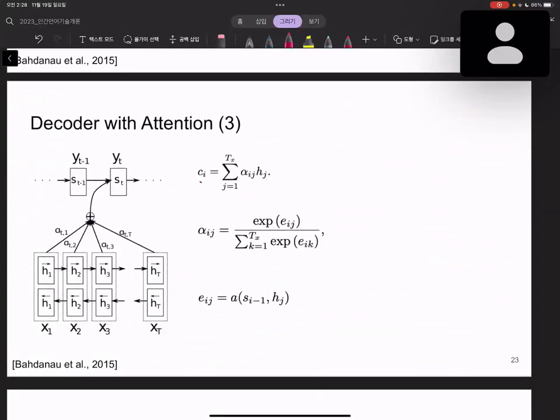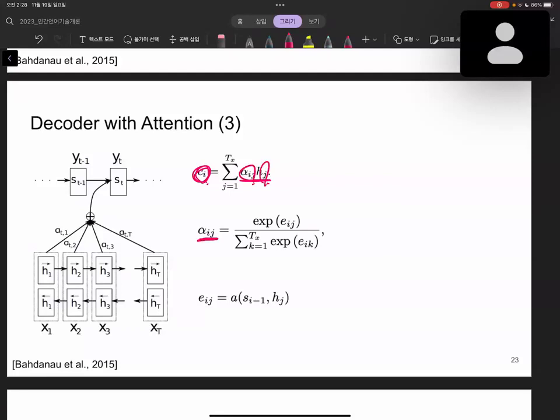So the C_i. This is the summary vector C, but now with index i. And that means this summary vector is computed for each time step using the attention weight and the hidden state.